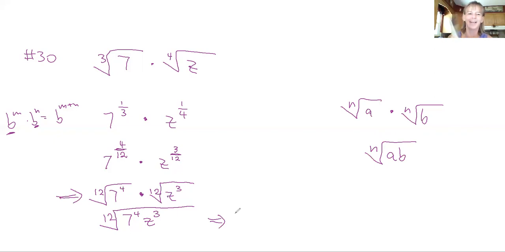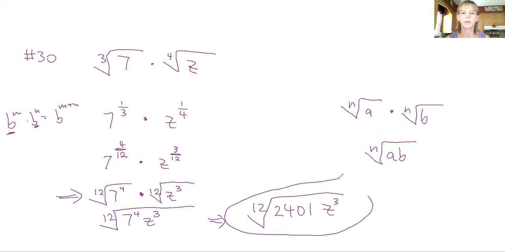I have my checkbook calculator, which I never use. You have a calculator too, so it's all good. So we have the 12th root of 2401 z cubed. And that would be the final answer under 1 radical.